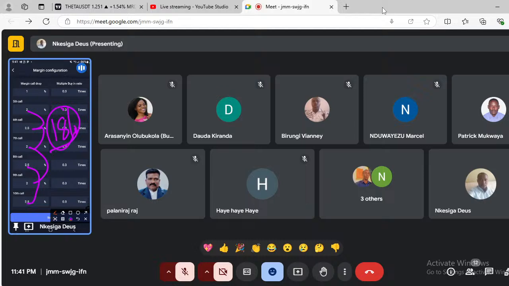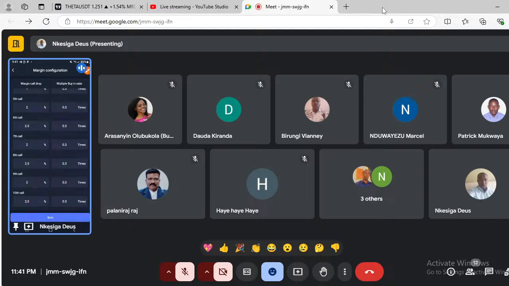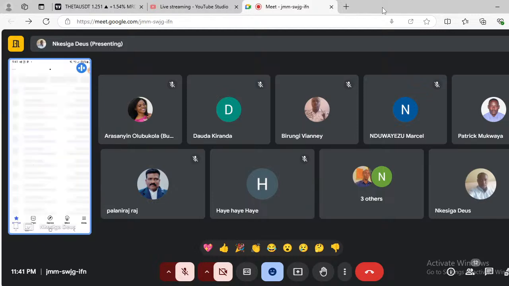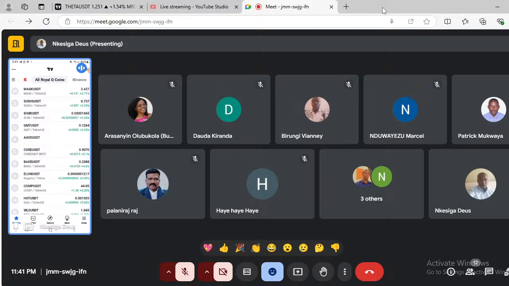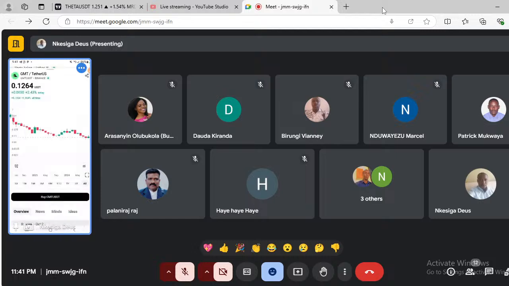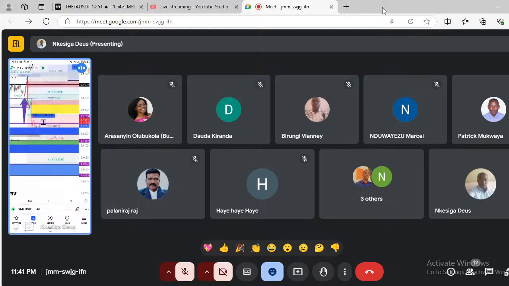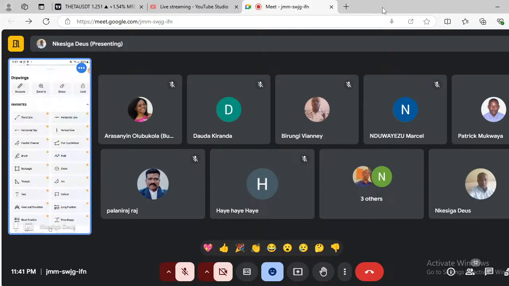Meaning we can cater for the market until it drops 18%. Ladies and gentlemen, if you don't know the drop, this is the drop. When we come here on the chart where we do our analysis, so for example, we entered GMT. I've shared a signal called GMT. This is the coin I shared. So now, from where we entered, we measure 18%.